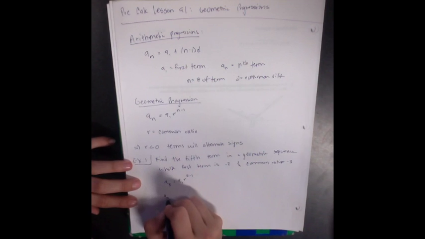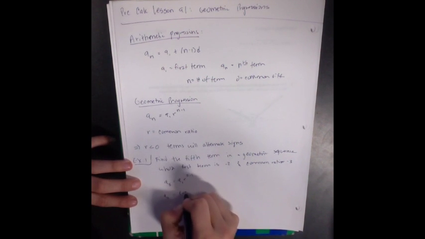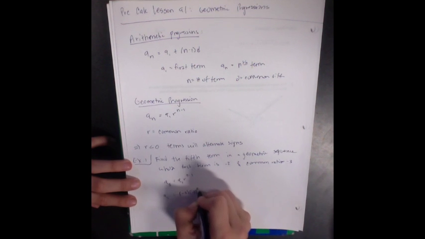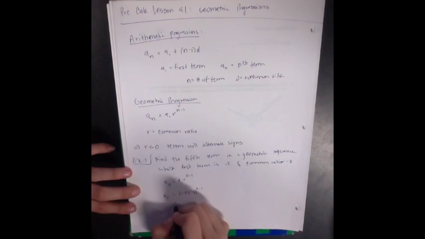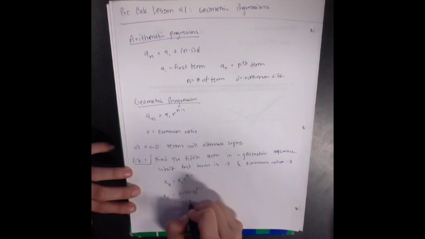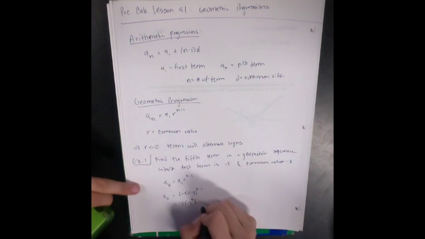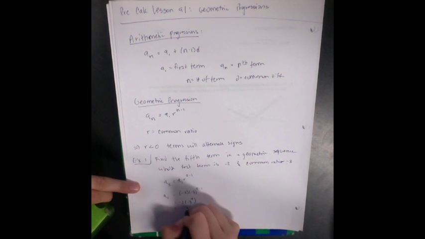My first term is negative 2, and my common ratio is negative 3 to the 5 minus 1. So this gives me negative 2 times negative 3 to the 4, and negative 3 to the 4 times negative 2 gives me negative 162.